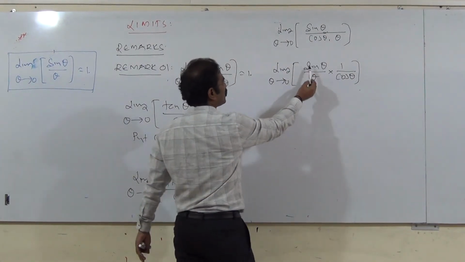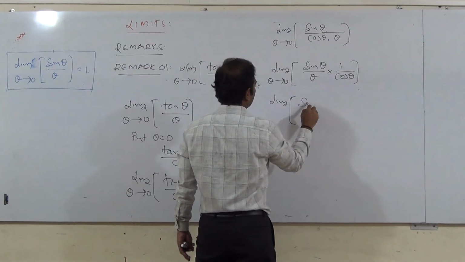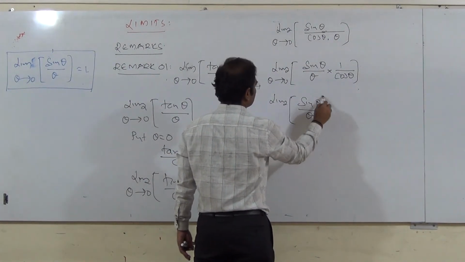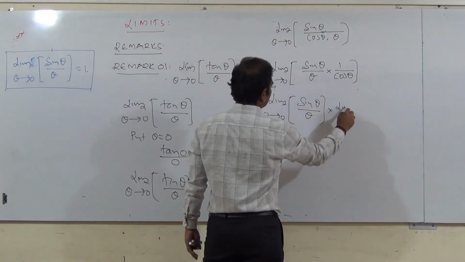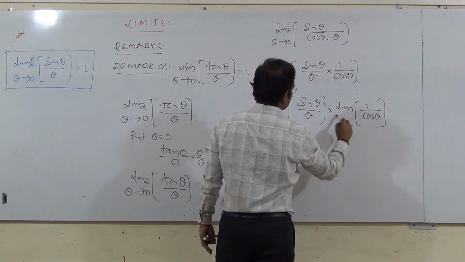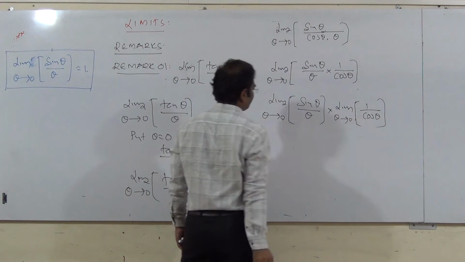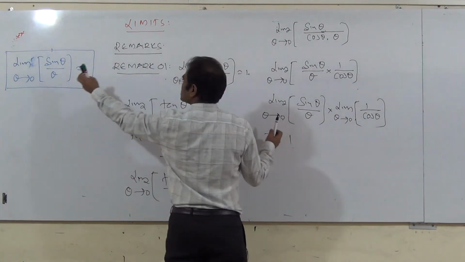The limit is applicable to a product of functions. Apply the limit to both. Limit of sin theta divided by theta as theta tends to 0 into limit of 1 divided by cos theta as theta tends to 0. Its value is how much? We know this.